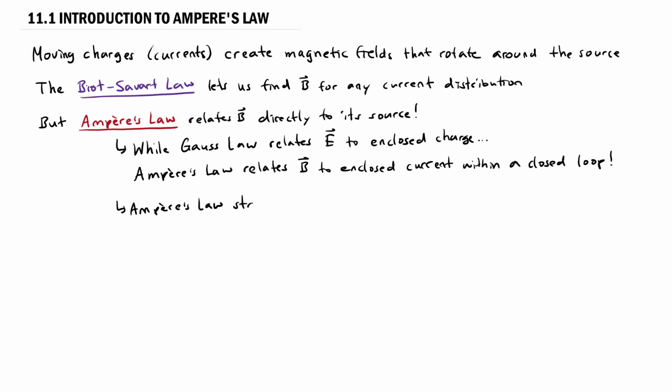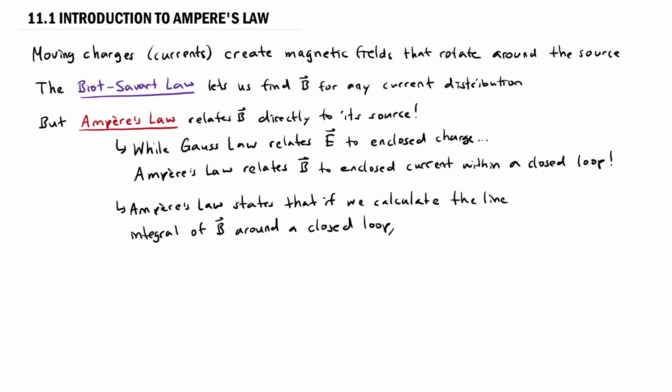Ampere's law states that if we calculate the line integral of the magnetic field around a closed loop, the result is going to be equal to the permeability of free space, basically a proportionality constant, times the enclosed current.